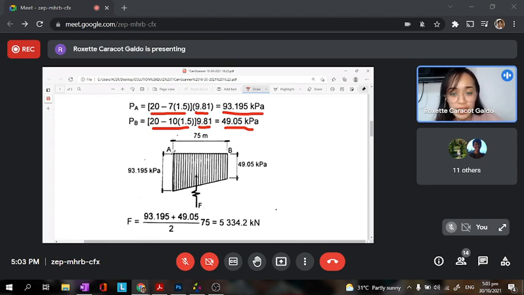So basically, the force due to this pressure is just the area of this distributed load. So that is 93.195 kPa plus 49.05 divided by 2 times 75 is equal to 5,334.2 kilonewton. So that is the force, or uplift force, due to the pressure caused by water underneath our dam.